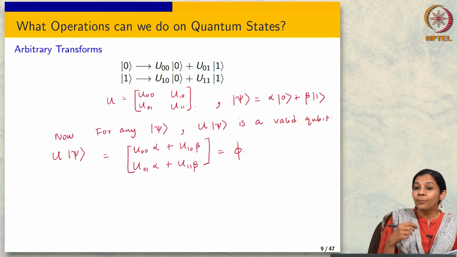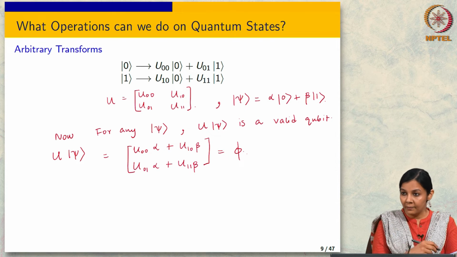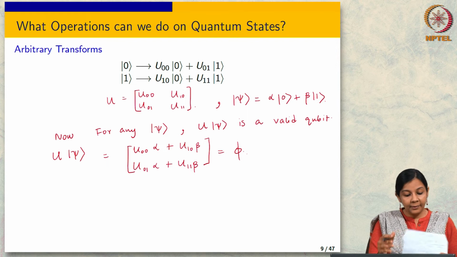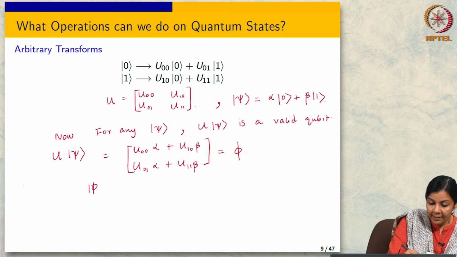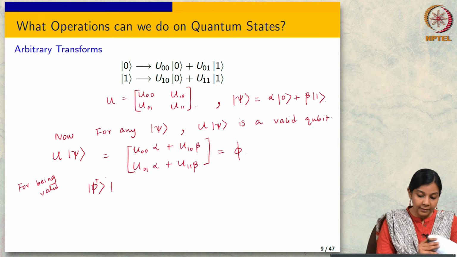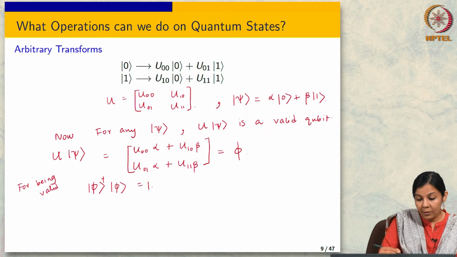And now I am going to impose the constraint that this resulting state is valid, and then we will work backwards to see what that gives us on U. So, in order for it to be valid, what do I need to say? I can say that for being valid, it should be the case that, let me write it a little differently here, phi dagger phi should be equal to 1.